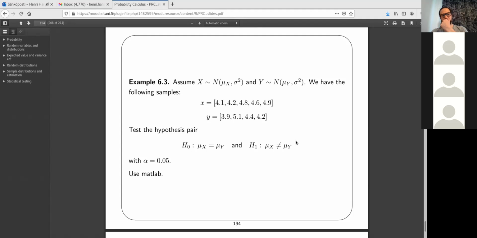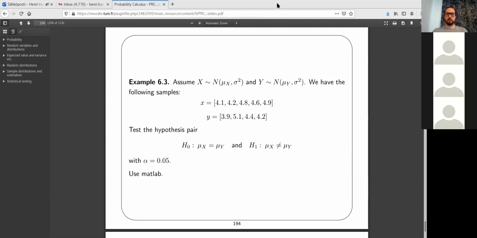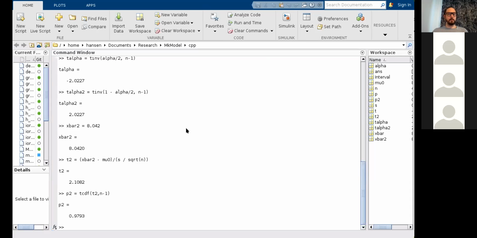And we have this hypothesis pair: the null hypothesis that they are the same, and the alternative hypothesis that they are different. Let's use MATLAB. All right, we can do this, and maybe I'll show you how it's done here. So you see my MATLAB window now, right?